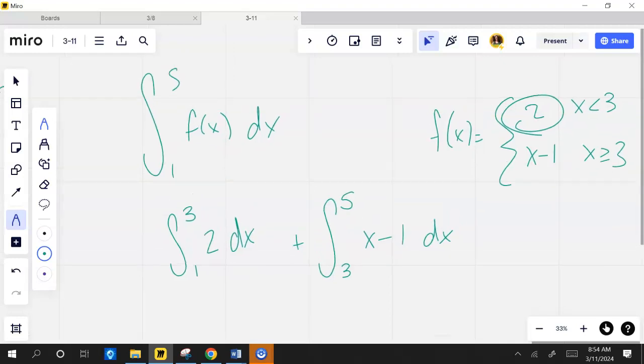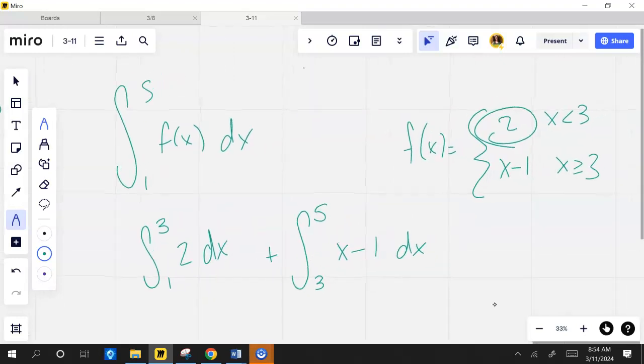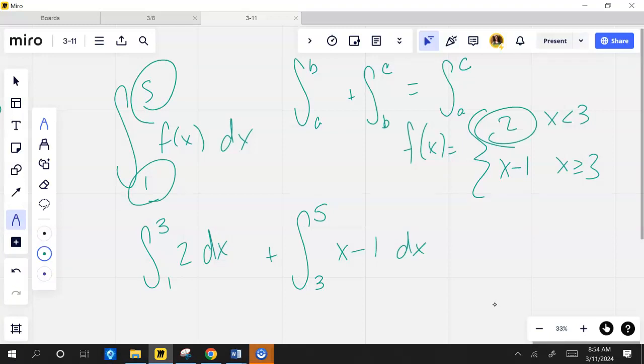Well, remember your properties of integrals, right? If I go from a to b and add it from b to c, that's really from a to c. And since that's what they asked me, well, but it's all the way up to 3.